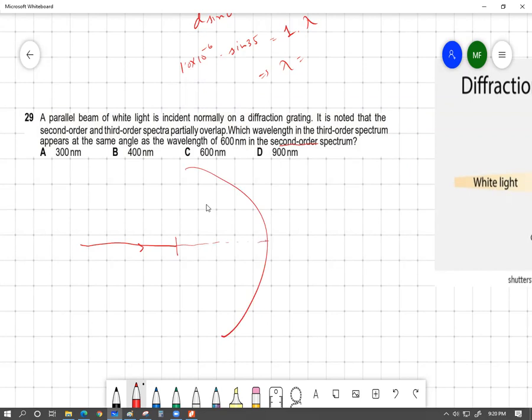Because we are using white light, what is seen for a specific color, there appears a certain single angular position where n equals to 2 for a certain wavelength and n equals to 3 for another wavelength have both appearing at the same angle. Second order এর জন্য যে ওয়েভলেংথ কাজ করতেছে সেই ওয়েভলেংথের ভ্যালুটা দেওয়া আছে, সেটা হচ্ছে কত? 600 ন্যানোমিটার। তাহলে থার্ড অর্ডার স্পেকট্রাম এখানে যার জন্য প্রডিউস হচ্ছে সেটা কার জন্য হবে? And now you need to understand, is it possible? Very much possible.